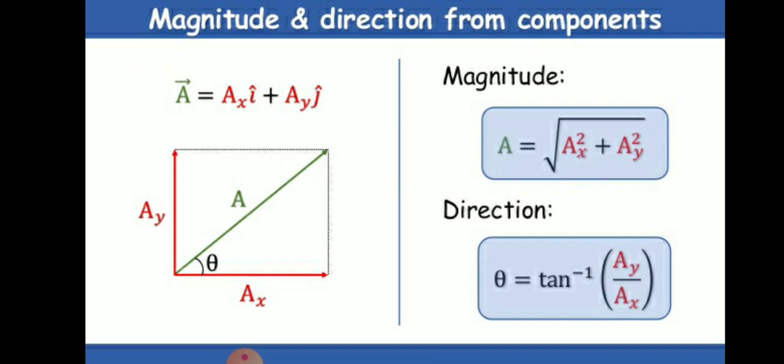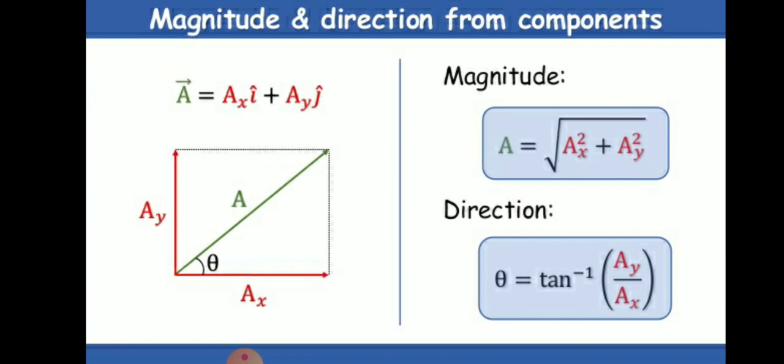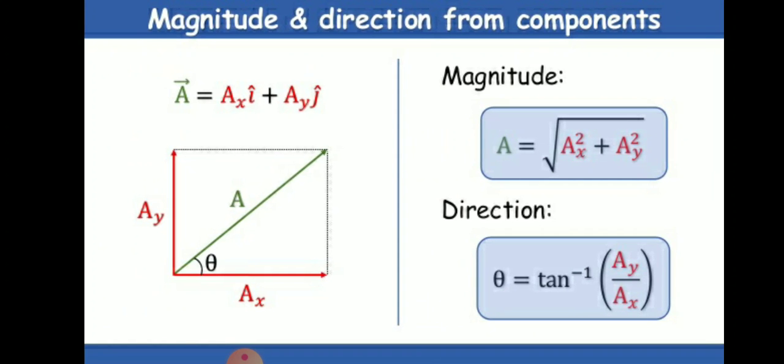The magnitude and direction from components. We already derived the magnitude and direction of two vectors, isn't it? Now the formula for this vector A, its magnitude and direction, we can write vector A equals Ax i cap plus Ay j cap. Its magnitude is A equal to the square root of Ax square plus Ay square, because they are perpendicular, theta is equal to 90 degrees.